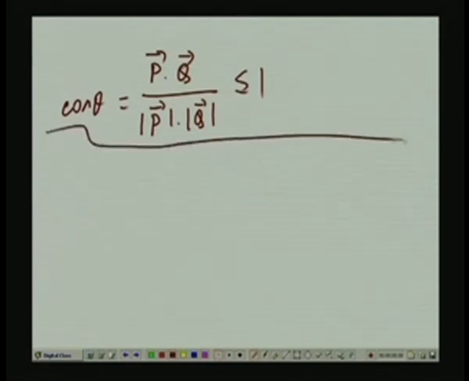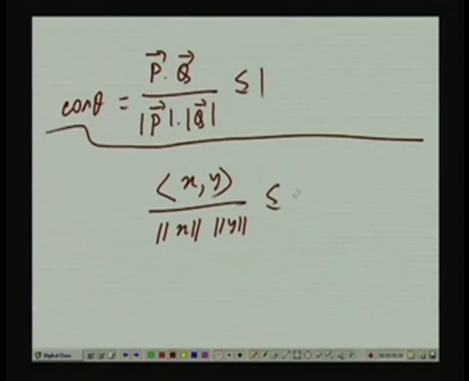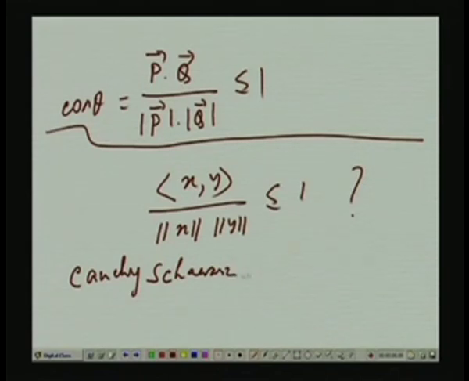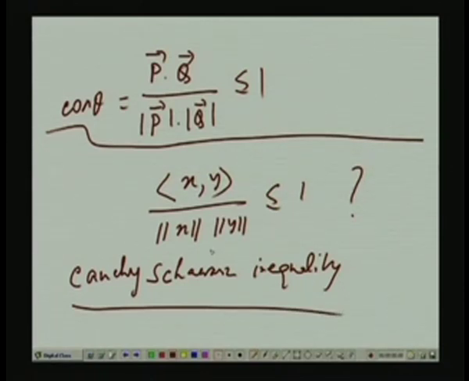Our question is, do we have this thing valid? Is it so? The answer is yes. This is a famous inequality called the Cauchy-Schwarz inequality. This will be satisfied. How?